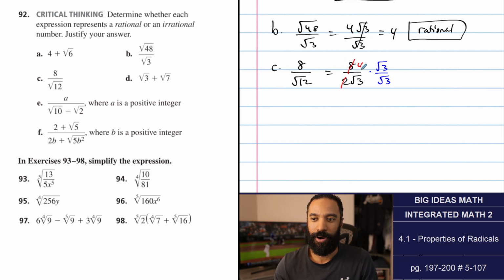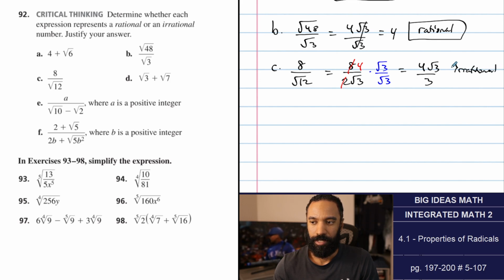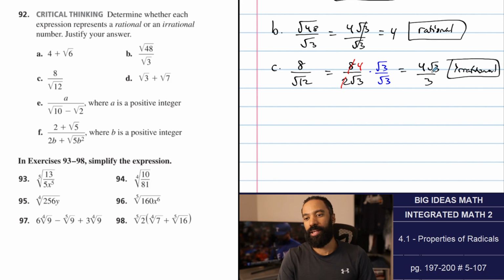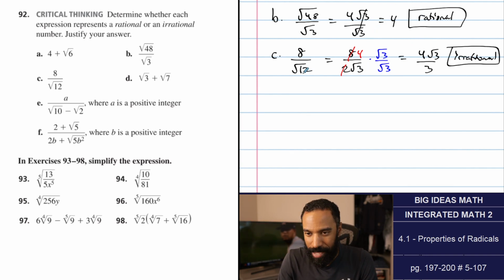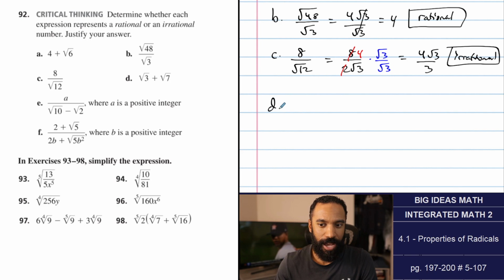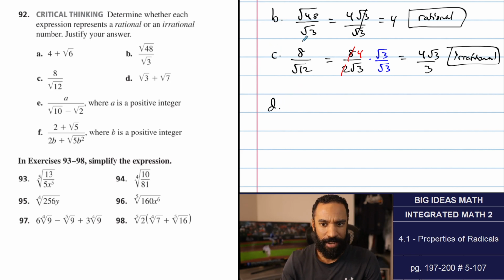This is 4 times root 3 over root 3, which is 4 root 3 over 3. This is irrational. Rationalizing the denominator will keep the numerator irrational if you've simplified everything before that. I firmly believe that. I don't think there's any way that's not true.